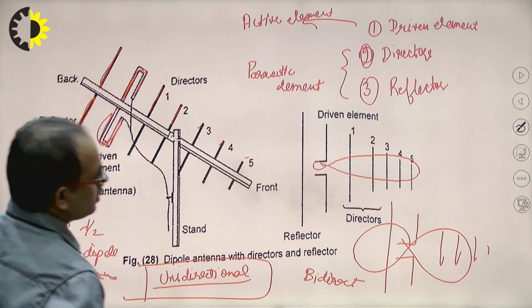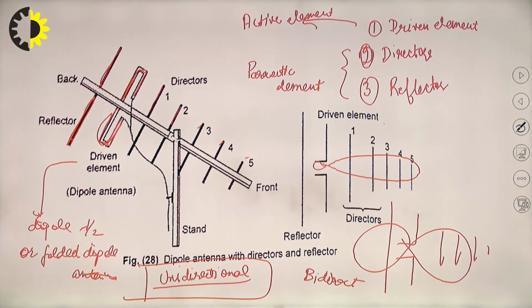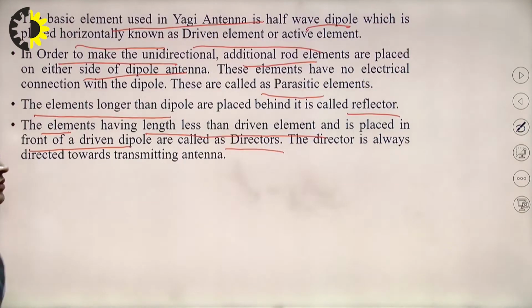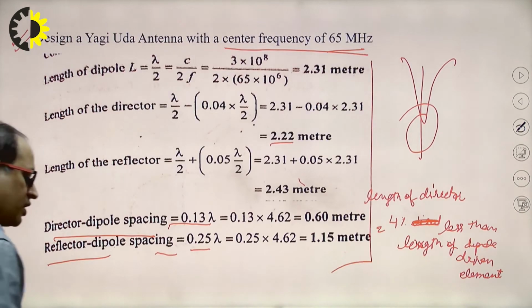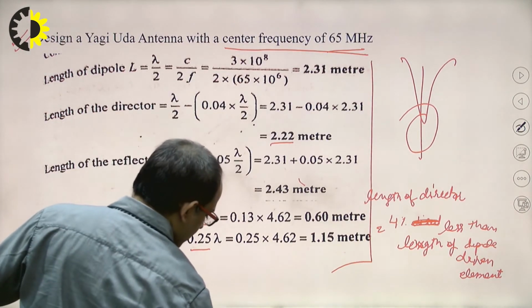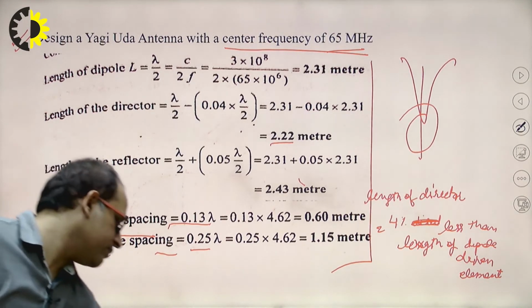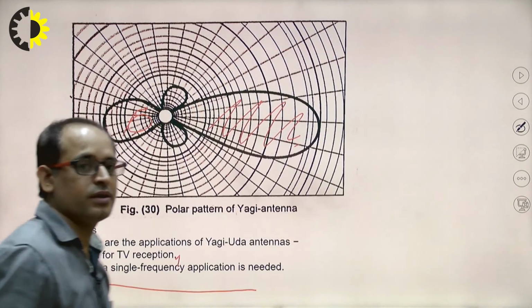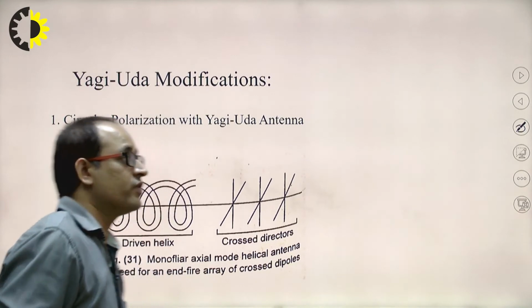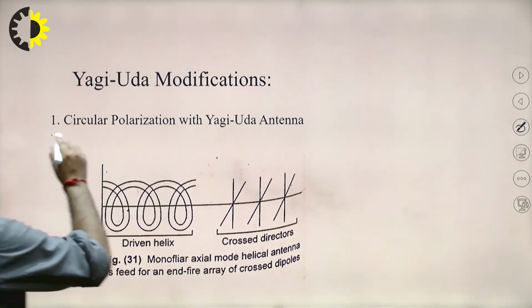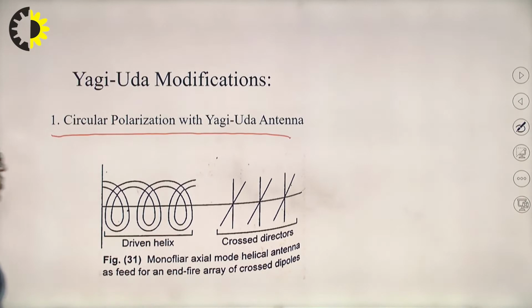I want to have more gain, so what modifications are done such that it is an upgraded version of the Yagi-Uda antenna? Clear? So first, we can obtain circular polarization with the Yagi-Uda antenna.